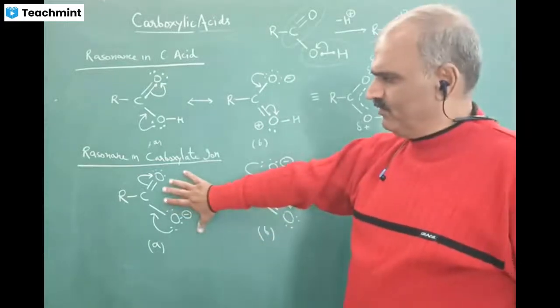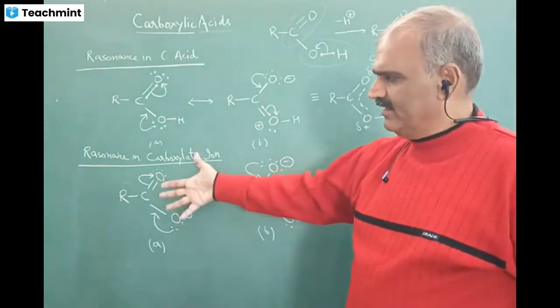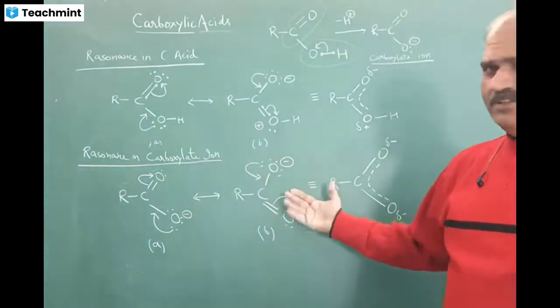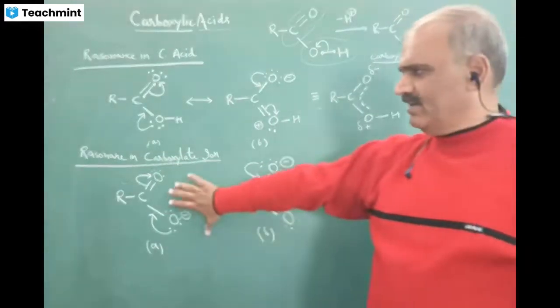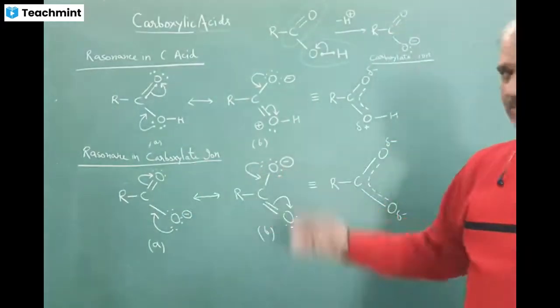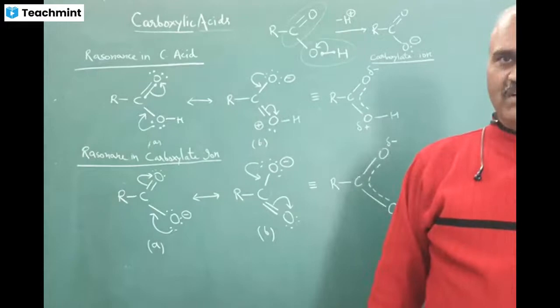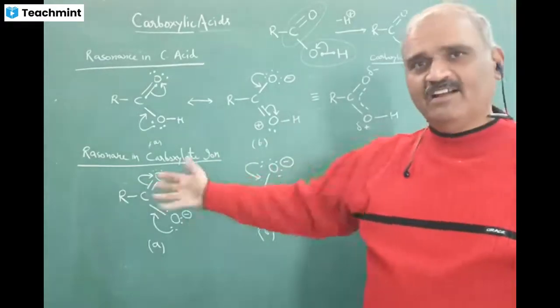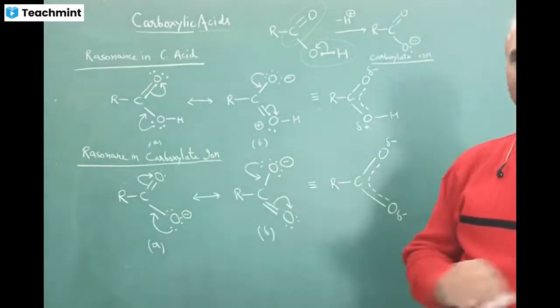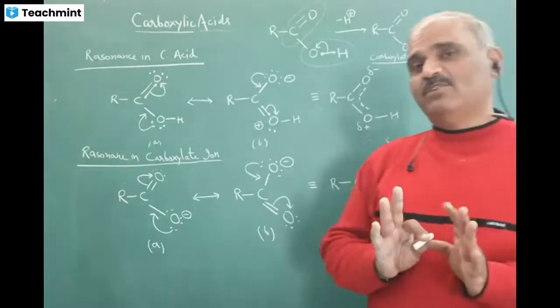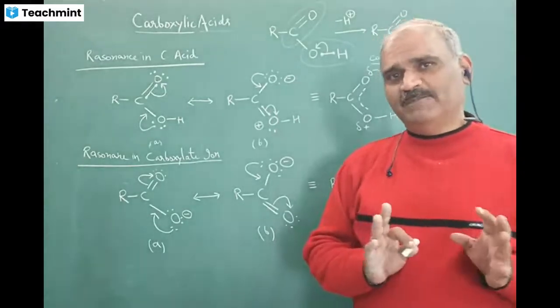If I flip this structure like this, I will get this. You see, देखो, इसको अगर ऐसे पलट दें तो ये बन जाती है. मतलब वो एक ही चीज है ना? तो ये दोनों स्ट्रक्चर्स इक्विवेलेंट है. एंड रेजोनेंस का रूल है, आपने पढ़ा 11th में.